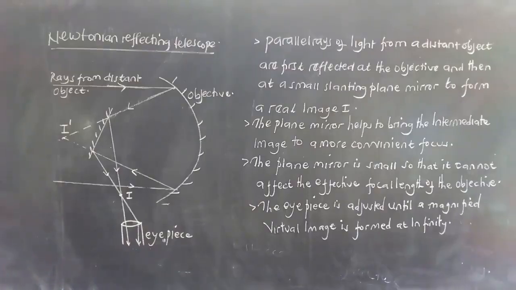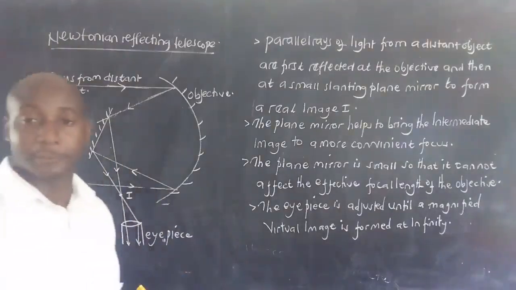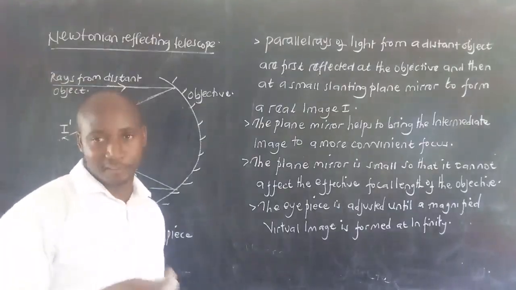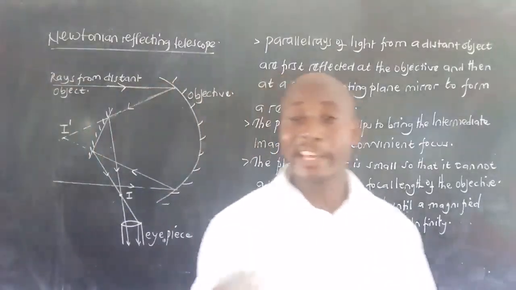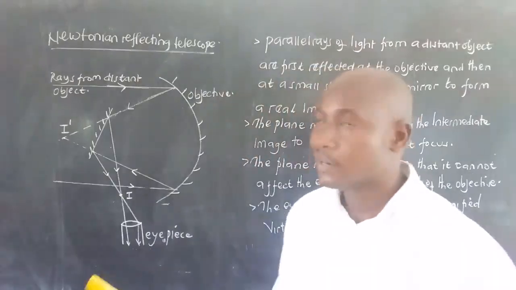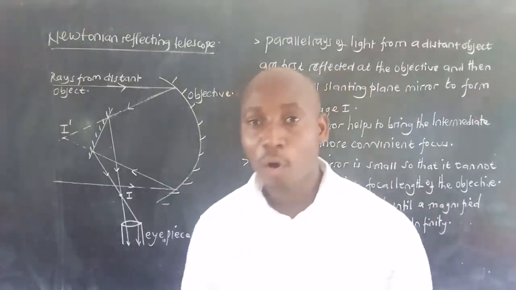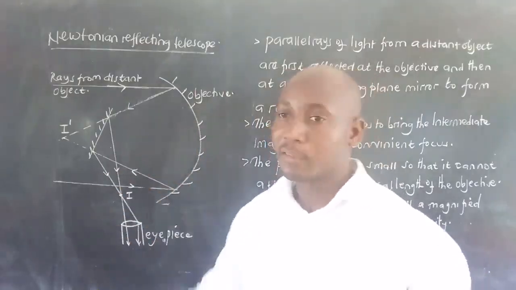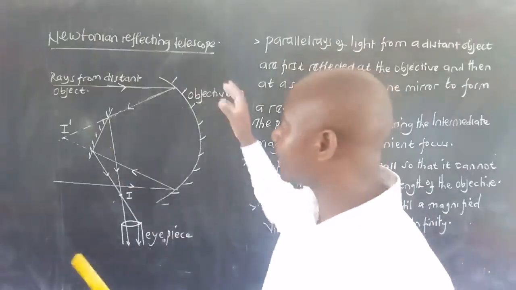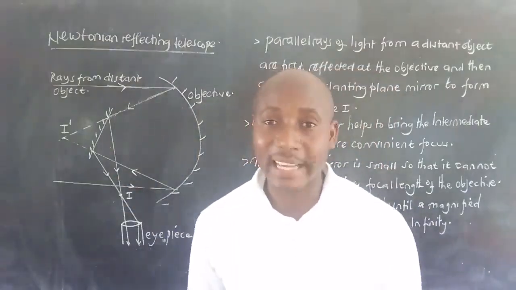Thus the eyepiece is adjusted so that the final magnified virtual image is formed at infinity. When they ask you to describe the operation of a reflecting telescope, you use one of the three. In most cases, they do not specify. If they don't specify, don't tell us which type you are describing, because you may say it is a Newtonian, yet you are describing a Cassegrain.